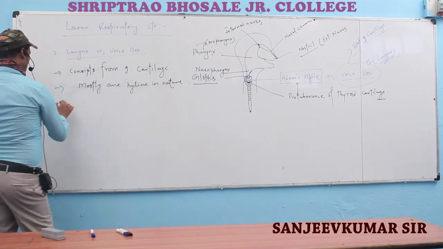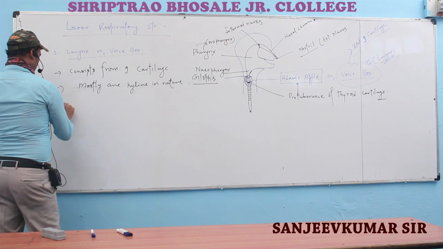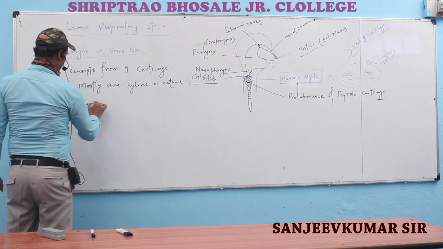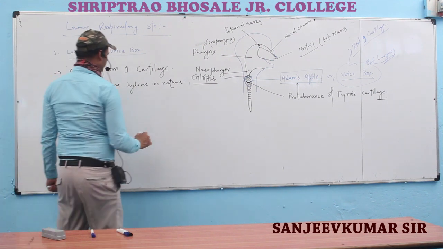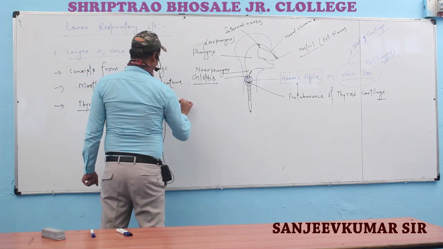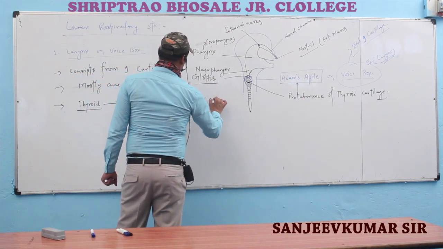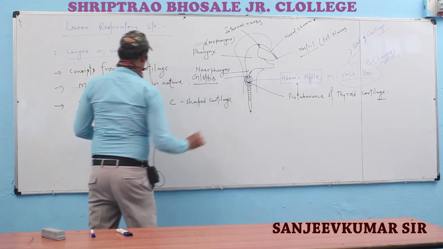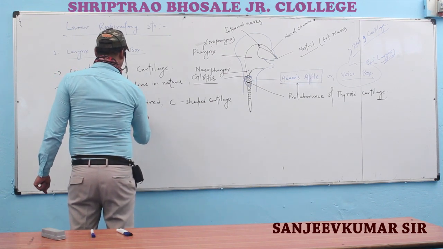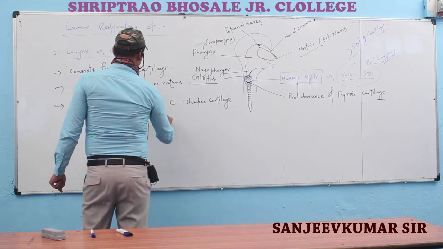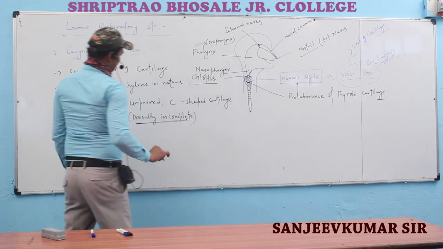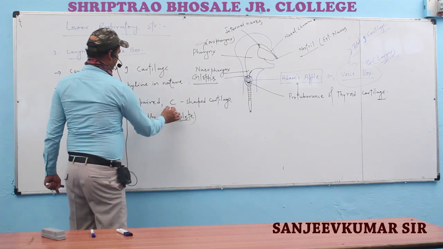Now the 9 cartilages. The thyroid is an unpaired C-shaped cartilage, dorsally incomplete, so that's why it gives a C-shaped structure.